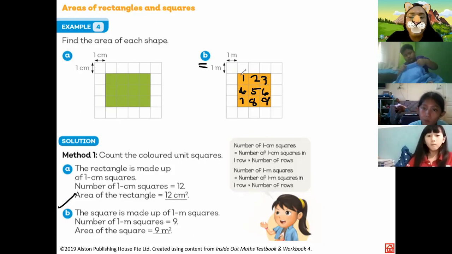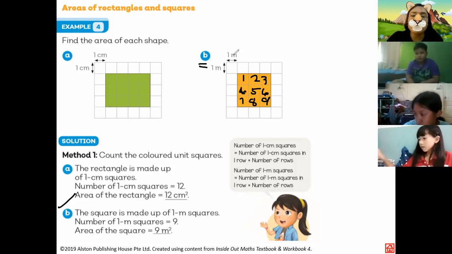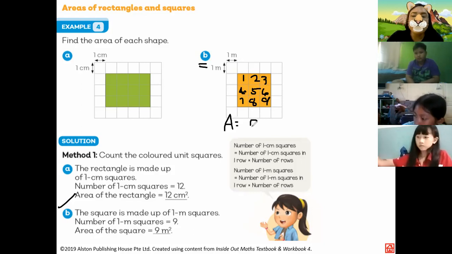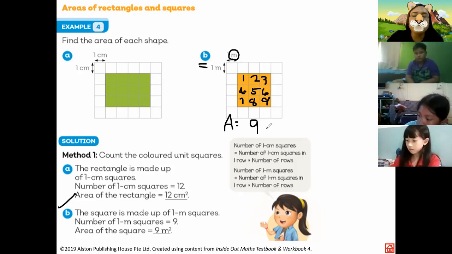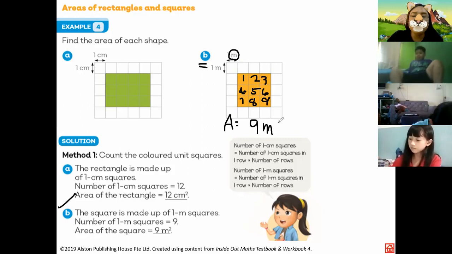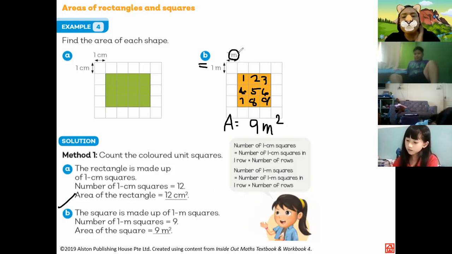Each unit square is equivalent to 1 meter squared. So the area of this figure is 9, and then don't forget the unit, which is meter, and then squared. You just have to copy the unit, which is meter.